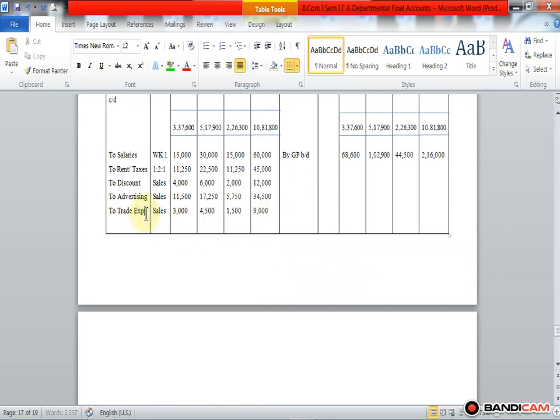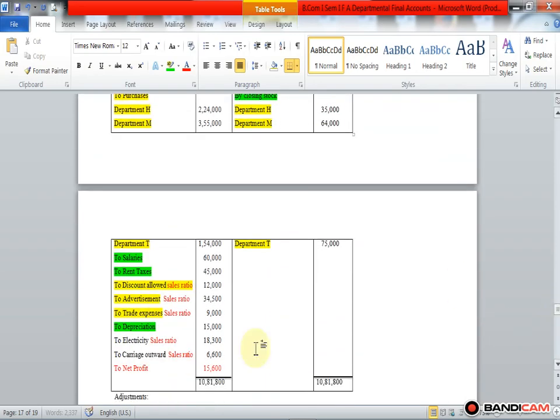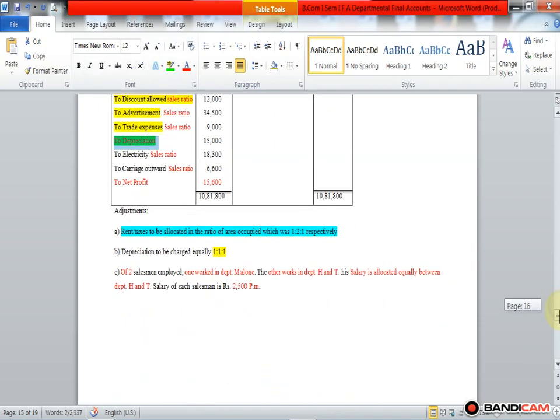Then which expenses? Then depreciation is given. Okay, then depreciation. This depreciation adjustment is given: depreciation is to be charged equally.